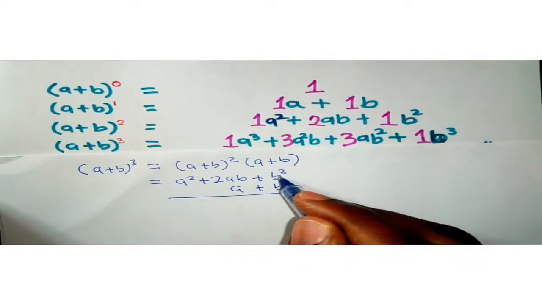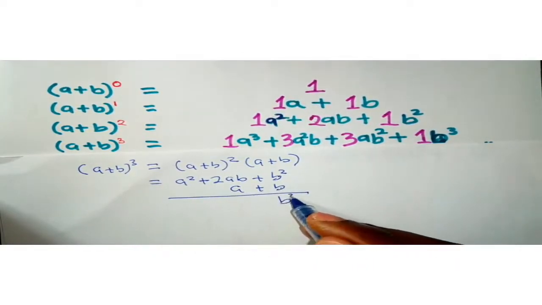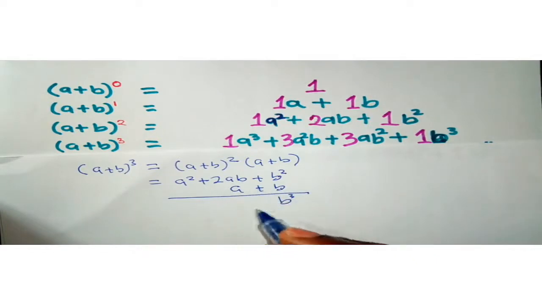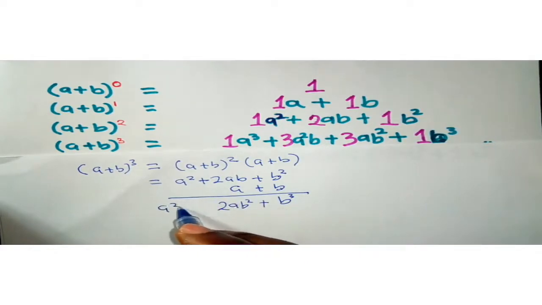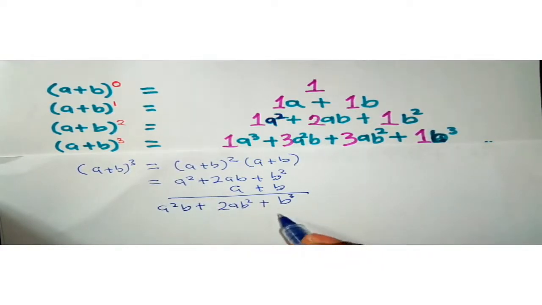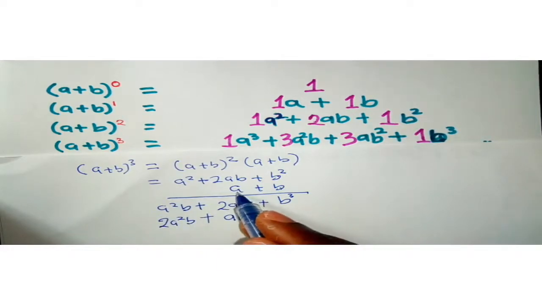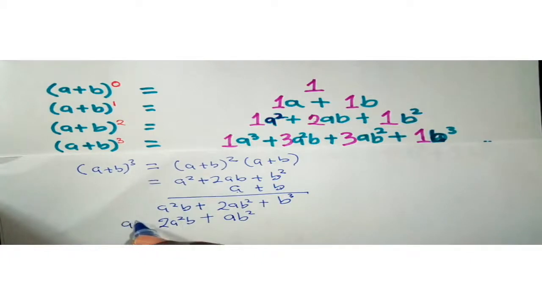So we have b times b squared gives us b cubed. b times 2ab gives us 2ab squared. b times a squared gives us a squared b. a times b squared gives ab squared. a times 2ab gives 2a squared b. And a times a squared gives a cubed.